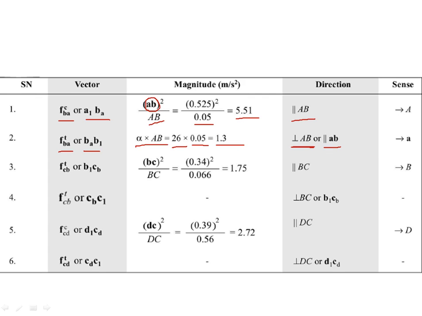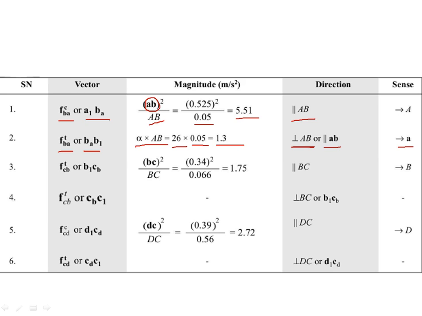You have already drawn that velocity, so that is parallel to small ab, or perpendicular to capital AB, any one you can use. And this direction you can consider from small a, because you have already drawn this velocity. If you are taking the capital A part, you have to take the perpendicular value.